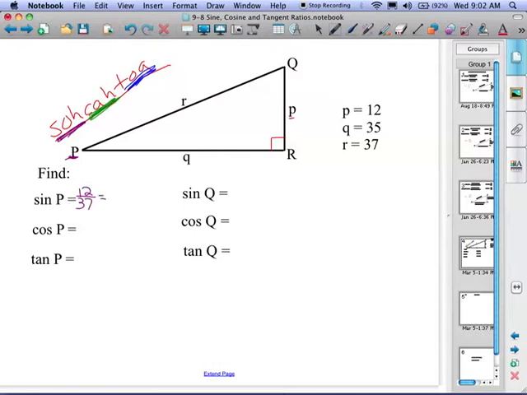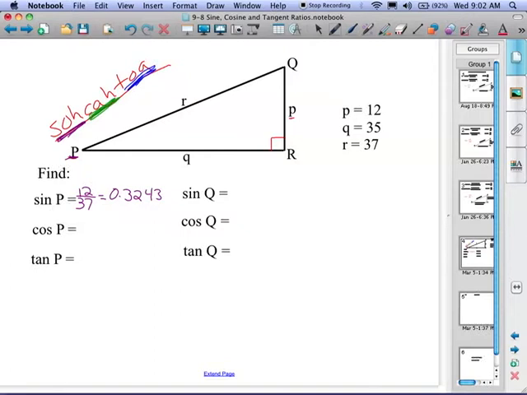So the sine of P is 12 over 37. You're going to use a calculator at this point and divide. You get a bunch of decimal places, but it's very important that you keep 4 decimal places when you do these problems. So the sine of P, which is 12 over 37, is 0.3243.